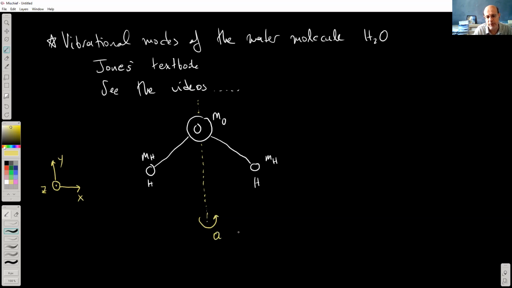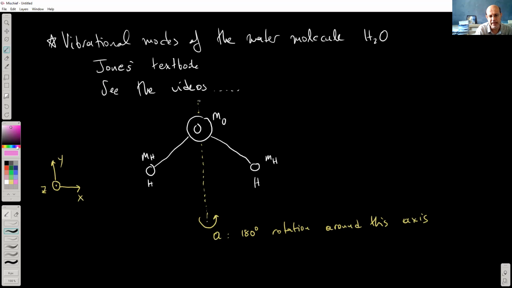So that's what we call A. So that's a 180-degree rotation around, I think I can call this the y-axis, but let's say this axis in here. So that's A.